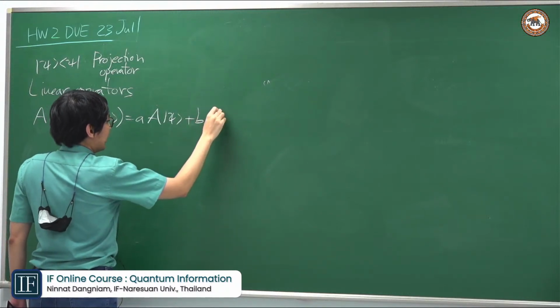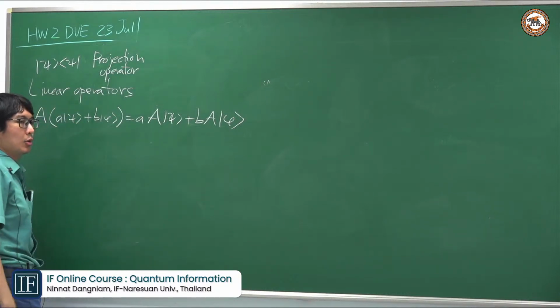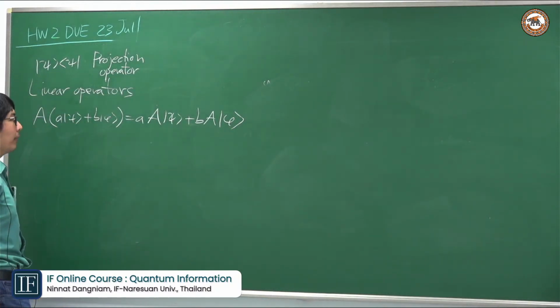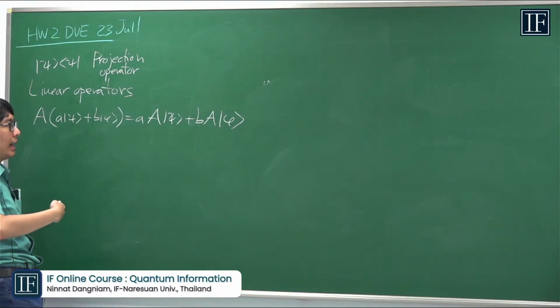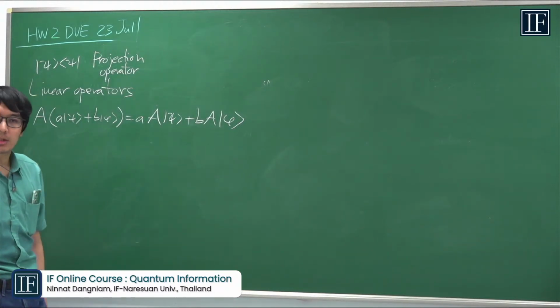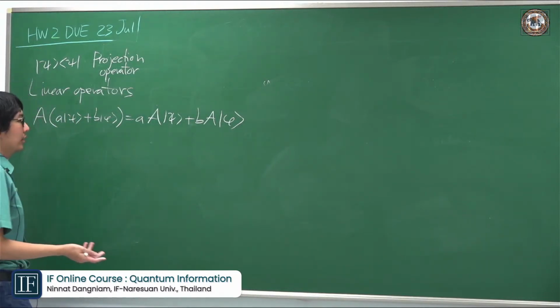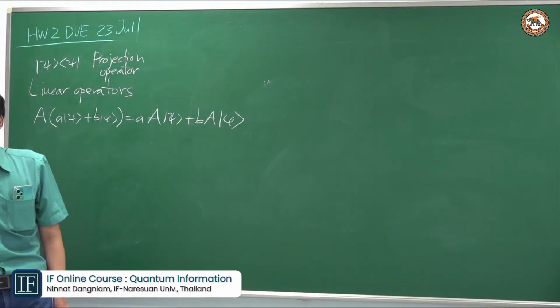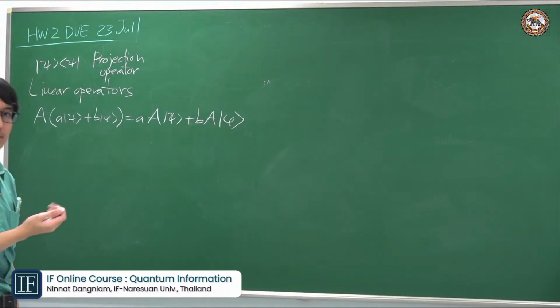Whenever it acts on a linear combination of vectors, you can always act on each term in the linear combination separately, and that's why, to define the action of a linear operator on the whole space, it is sufficient to just define its action on some basis.